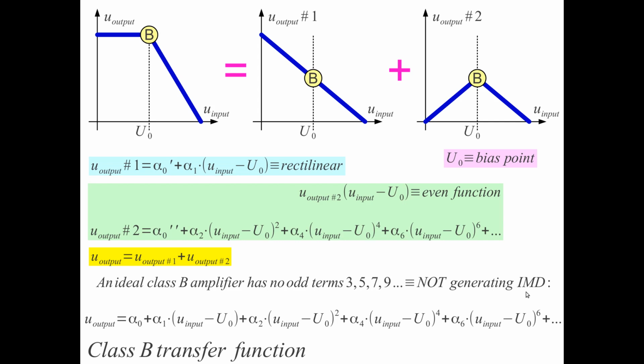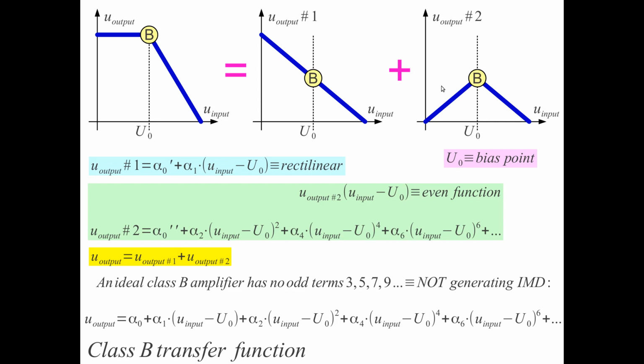In practice, there is some intermodulation distortion because the real response of a class B amplifier is not ideal as depicted here. In the real response function, maybe we could get a linear term, but it's very difficult to get a real triangular function with the vertex of this triangle right in the bias point.